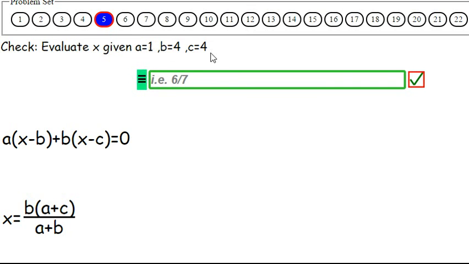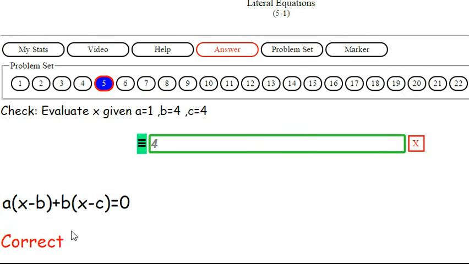What's a and c? 5, b is 4, that's 20 over 5, which reduces down to 4. Well, the answer should be 4. Did I do that right? Yeah, I did. Okay, so there you go.